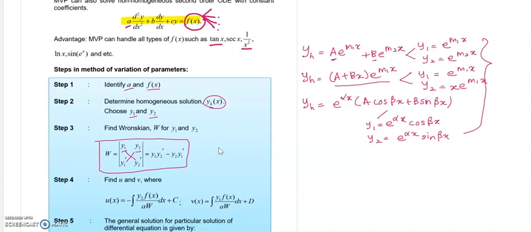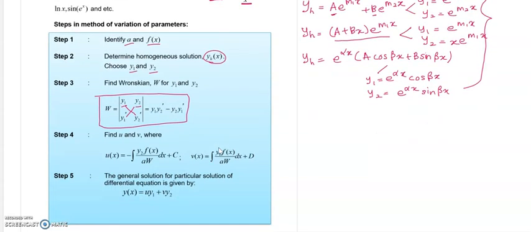So of course our W is also in terms of x. And then we move to the fourth step.